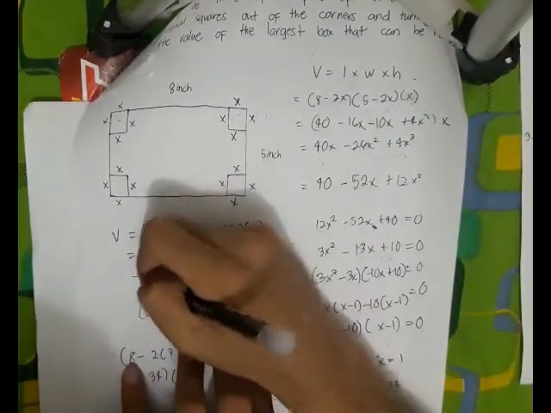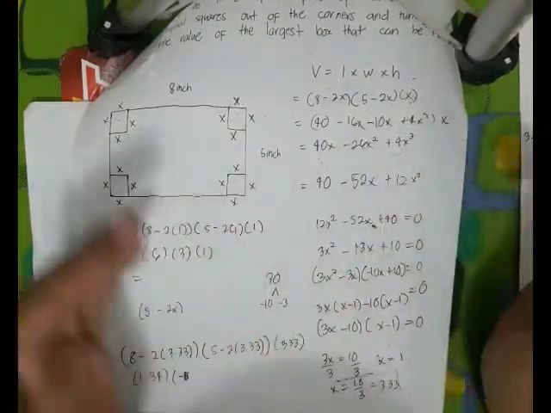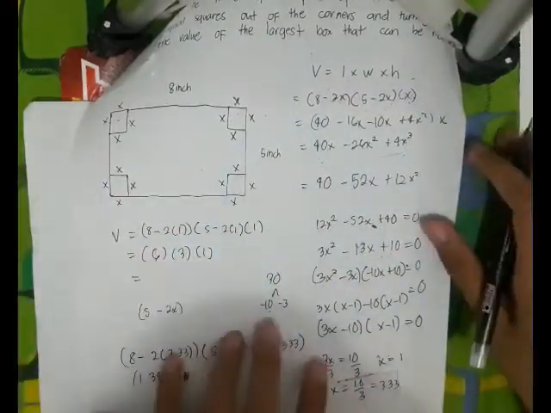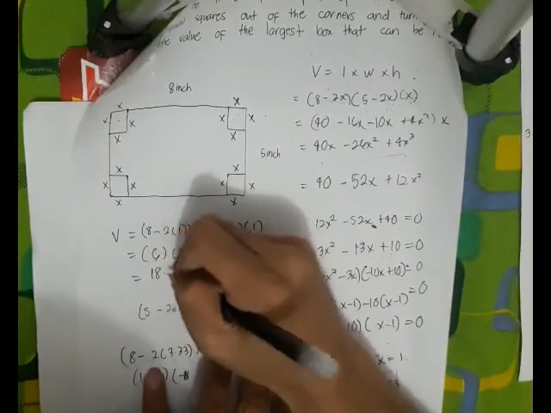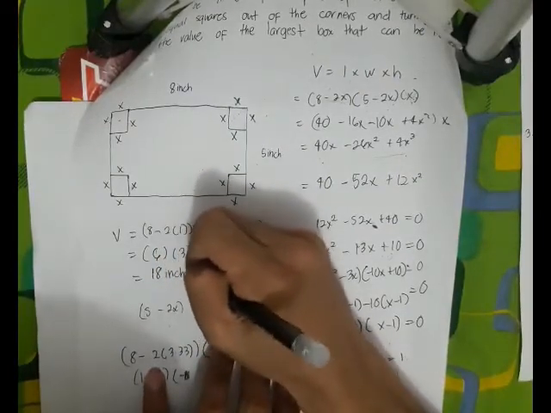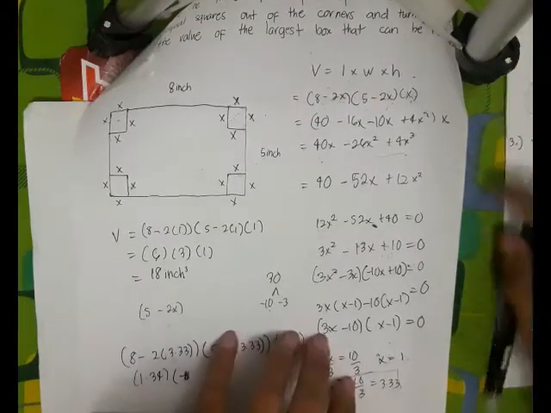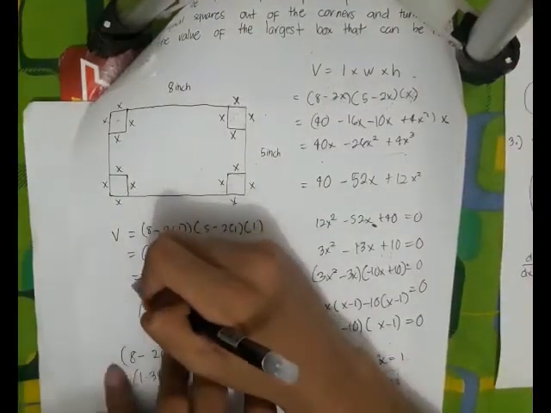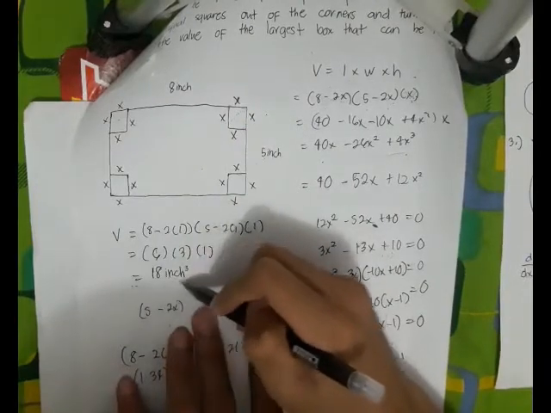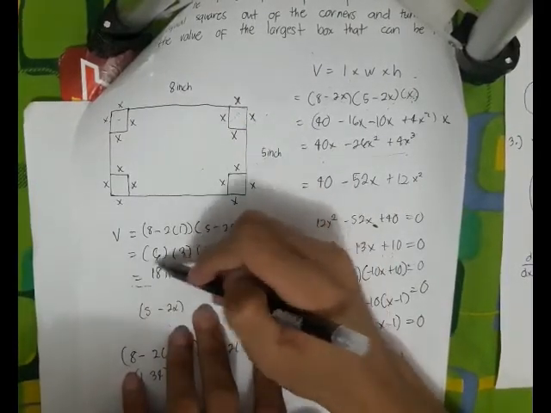So the volume of the largest box that can be made from this cardboard will be 18 cubic inches. This is the size of the largest box that can be made from this cardboard.